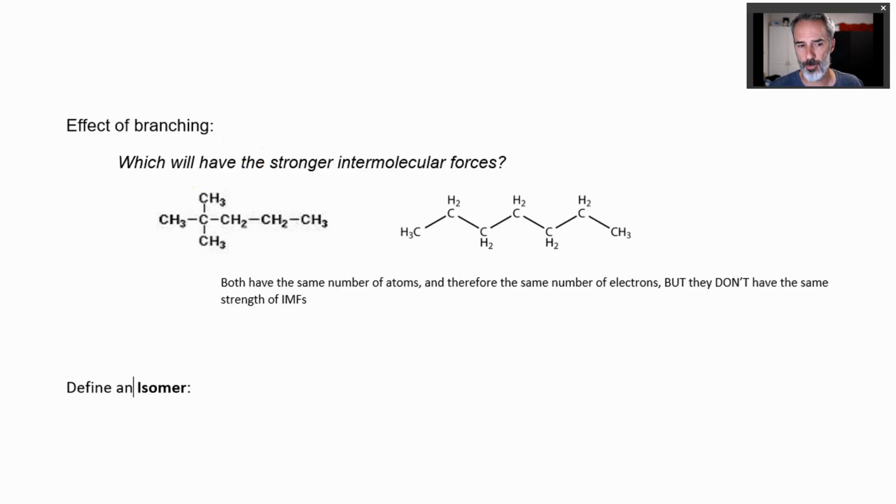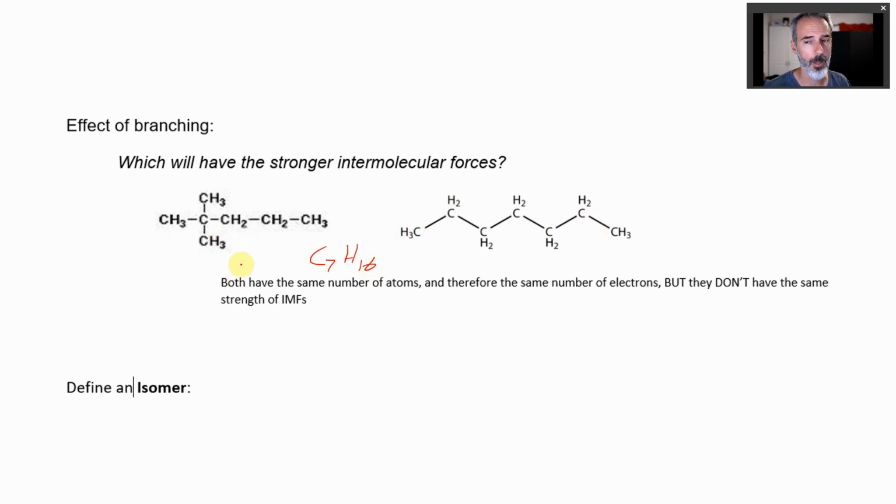Let's look at the effect of branching. Now, if you're looking at branching and you had two compounds that had the exact same number of electrons, and the reason I know these two have the exact same number of electrons is both of these compounds have 7 carbons and 16 hydrogens. If you count them up, they should be. I'm hoping.